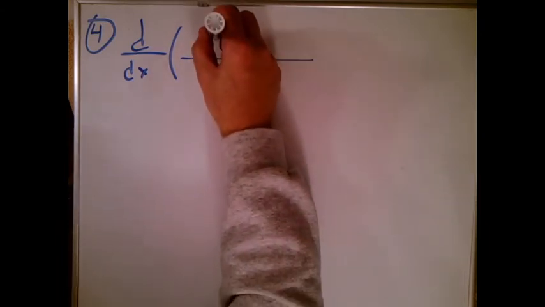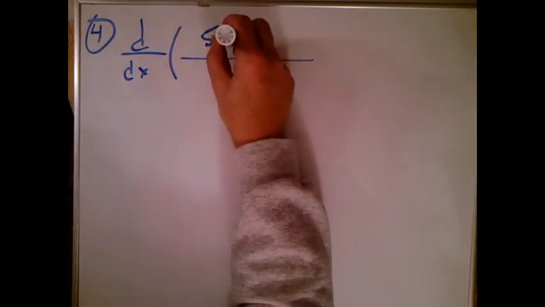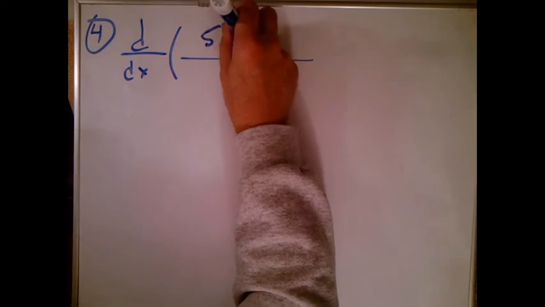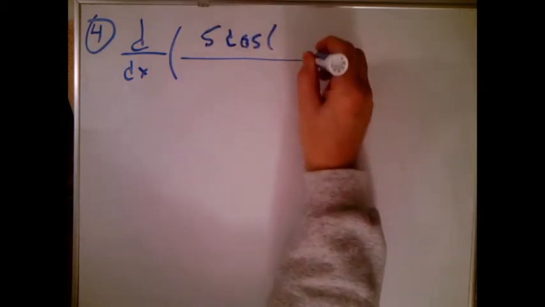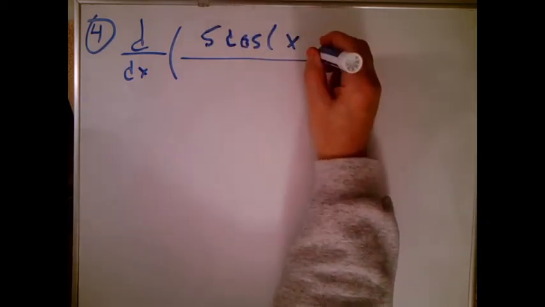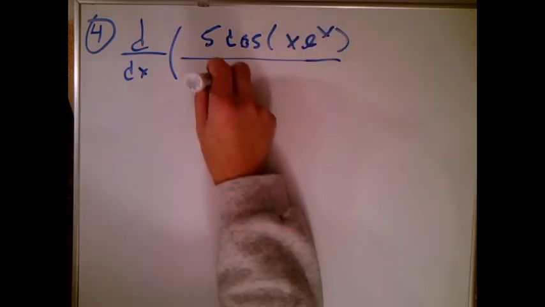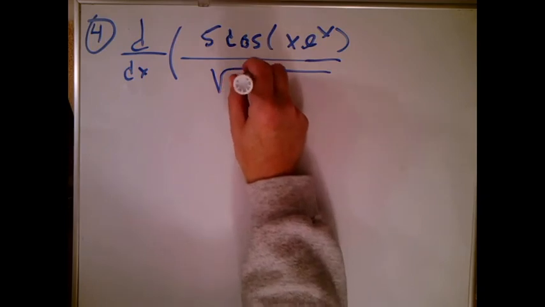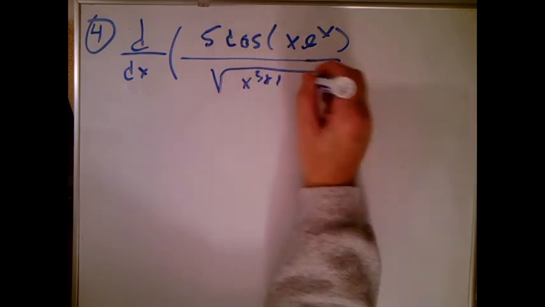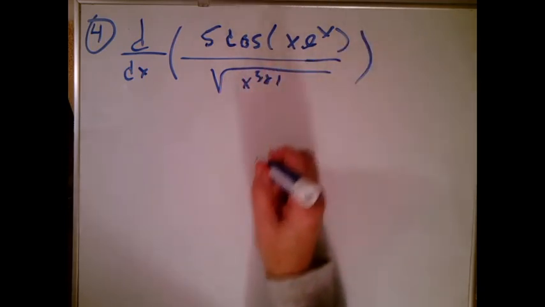Okay, how about here we put a 5 and then a cosine of, how about x e to the x like that, and in the bottom we'll put the square root of x cubed plus 1. And hopefully we can fit this on here.